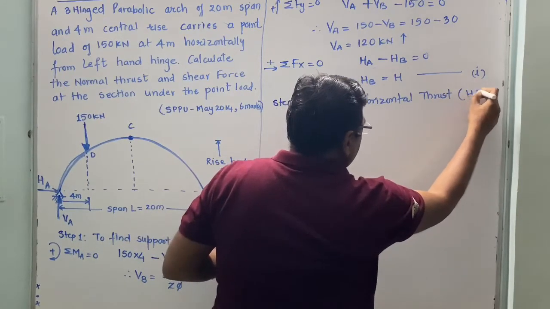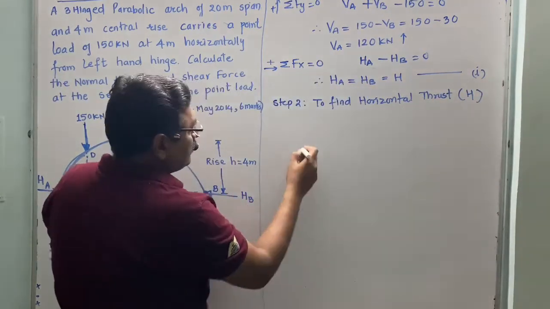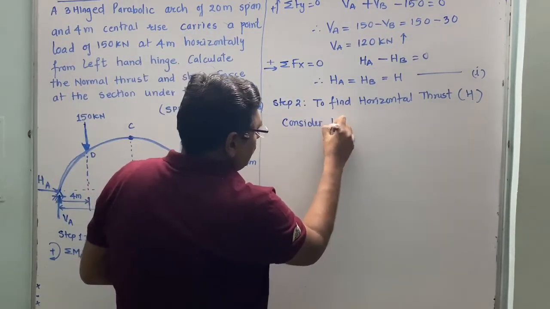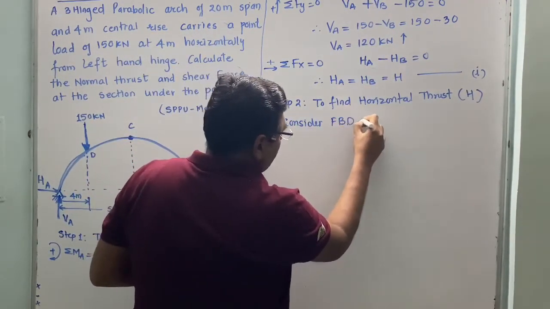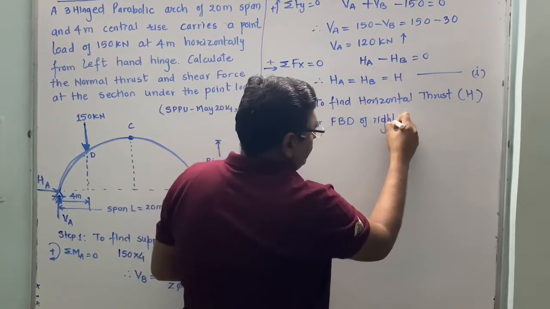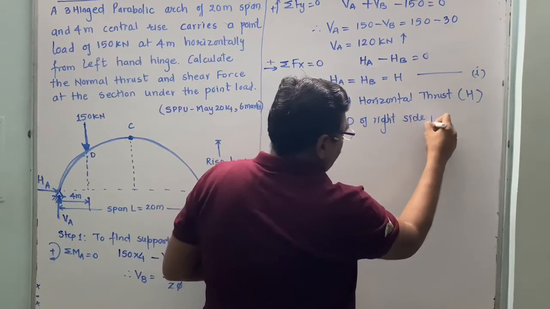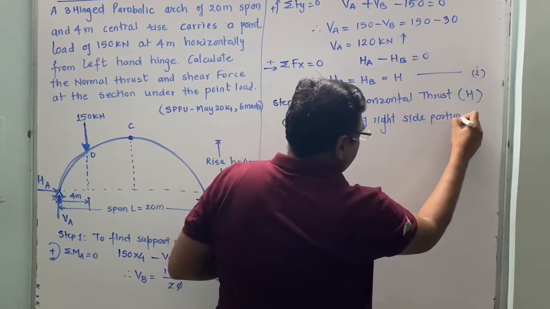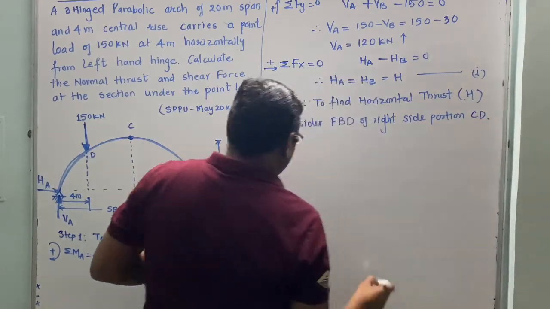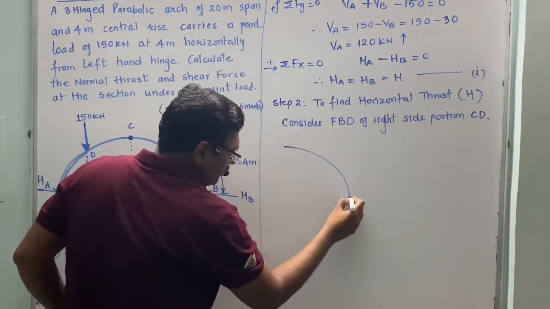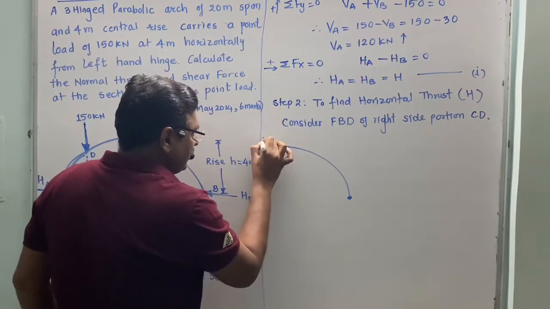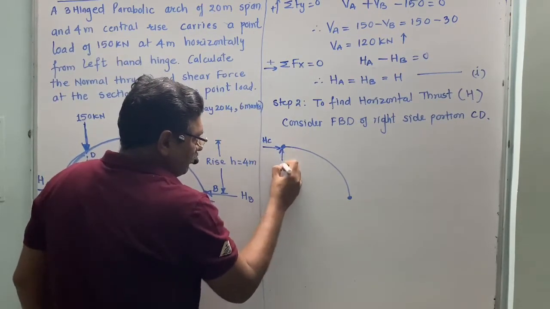That is H. And we'll consider the FBD of the right half part, the right side portion, that is CB. If I consider the FBD of this CB, this is my C at which there is an HC and VC.